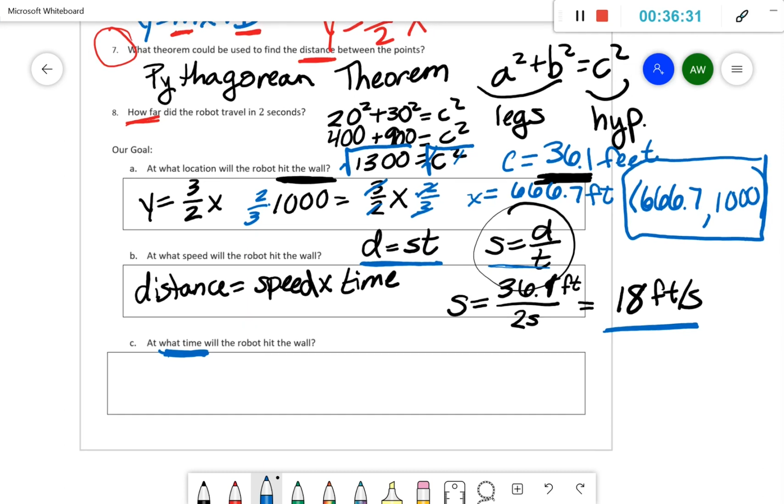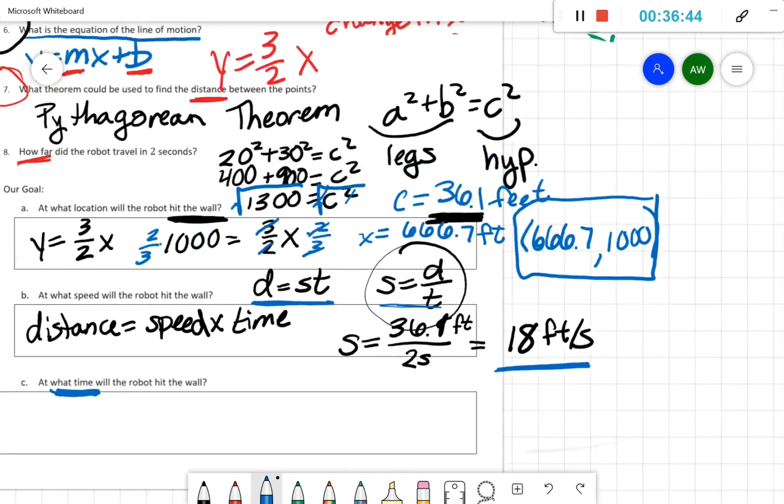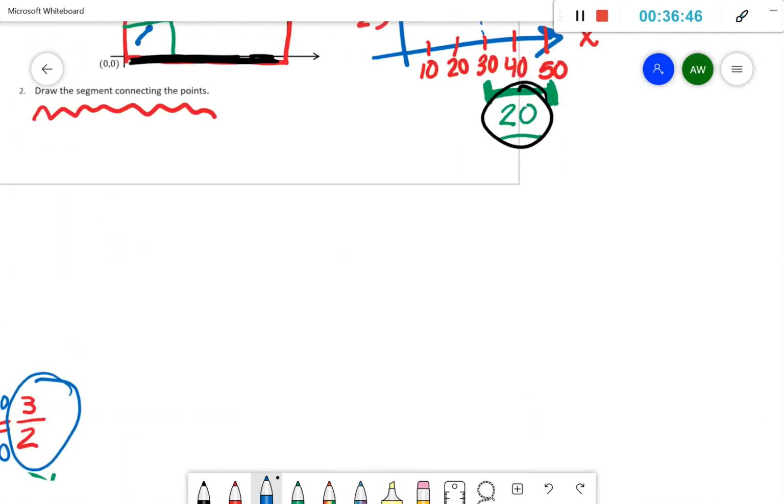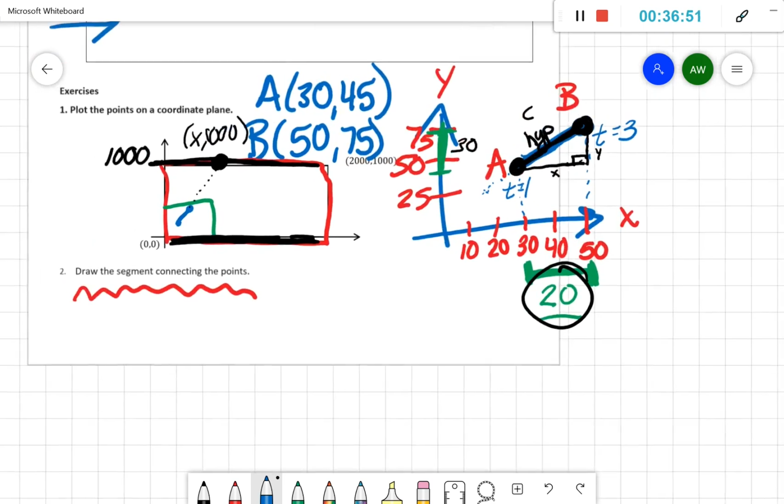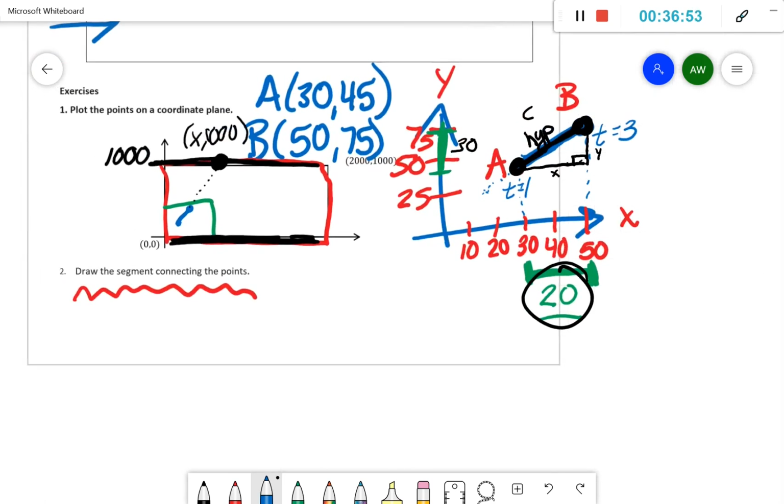Let's say that we're starting at point A. And then we're going to the 666.7, 1,000 location, right? So we know to figure out that distance, we're going to use the Pythagorean theorem, right? If we go back to our graph, we can think about this in a bigger way, right?